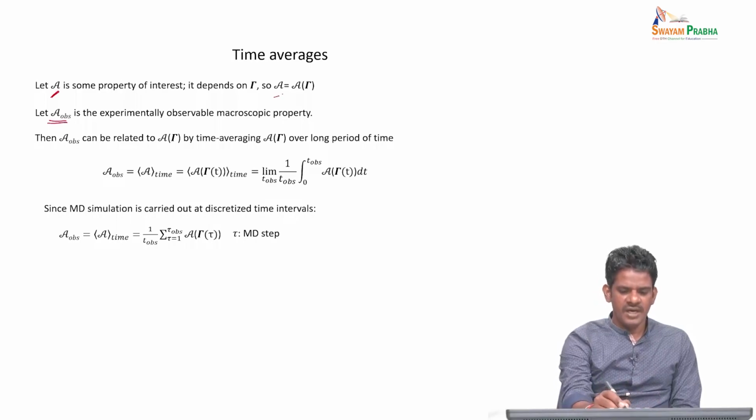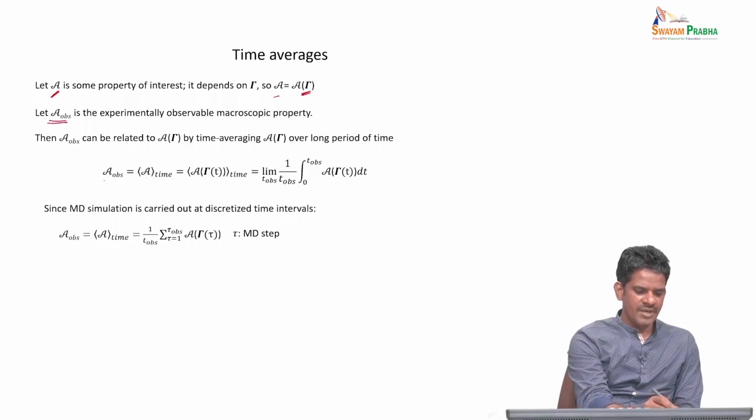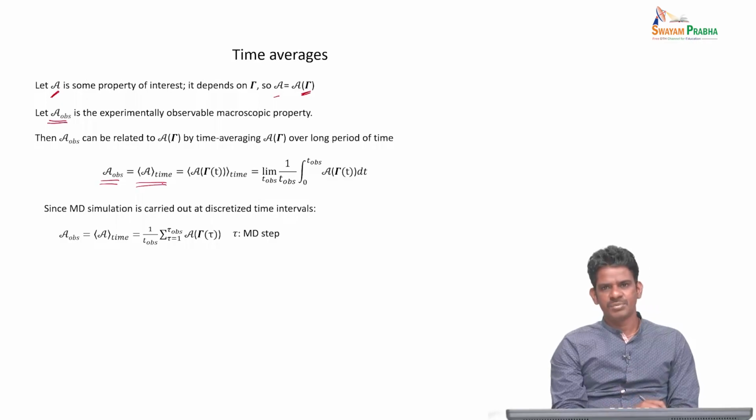This property A depends on the microstate. Depending upon which microstate the system is at, the property will be different. So now that we have a trajectory of microstates, we can do what is called time averaging. The experimentally measured property should be equal to the time averaged property in your MD trajectory.